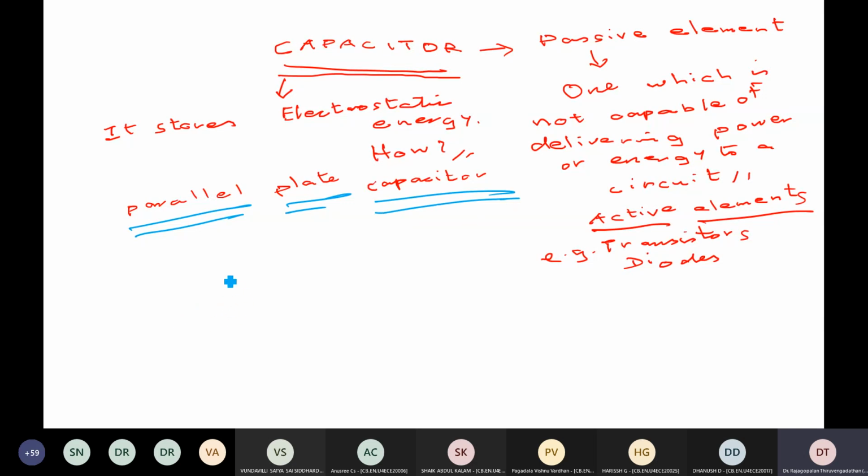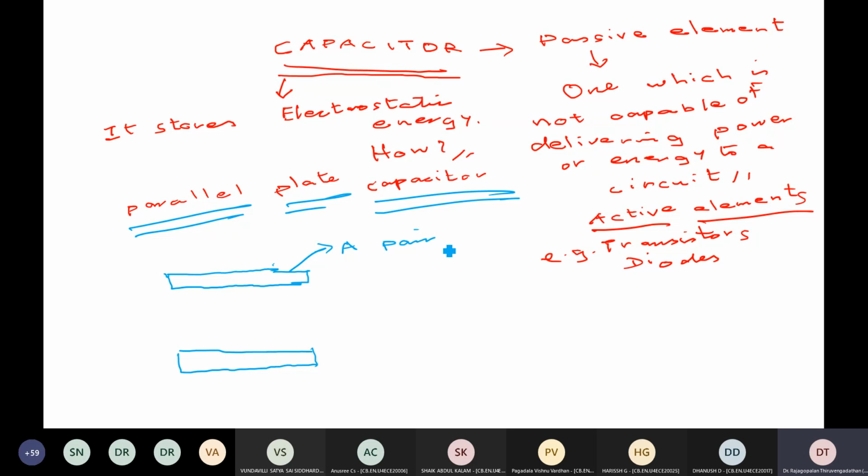A capacitor is actually nothing but two conducting plates. If I look at the cross section of these plates, I have something like this, separated by a finite distance.